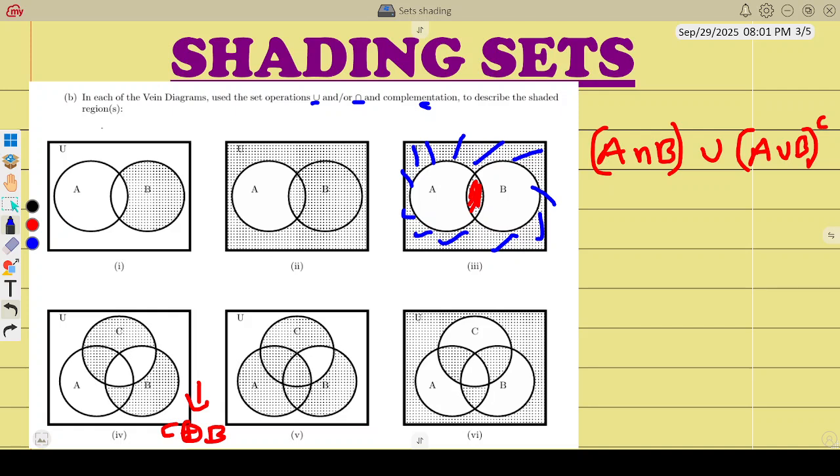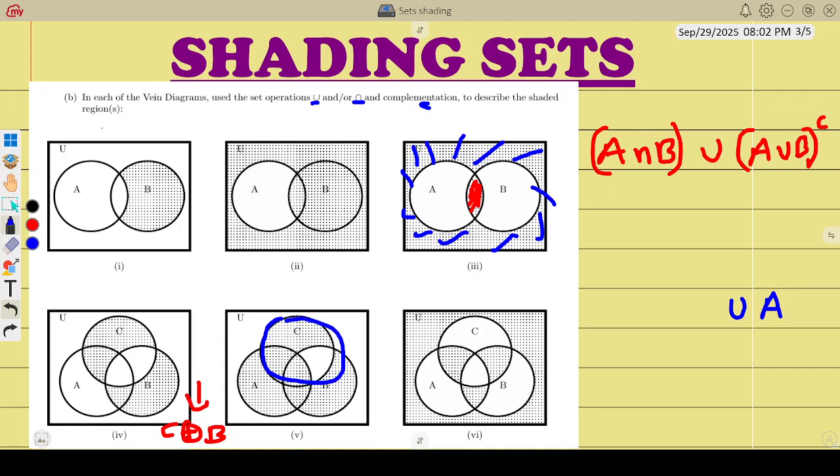So here you can see everything in A is shaded. So this is giving you a clue that maybe we're going to say union A, like that. Everything in A is shaded, and then C and B.